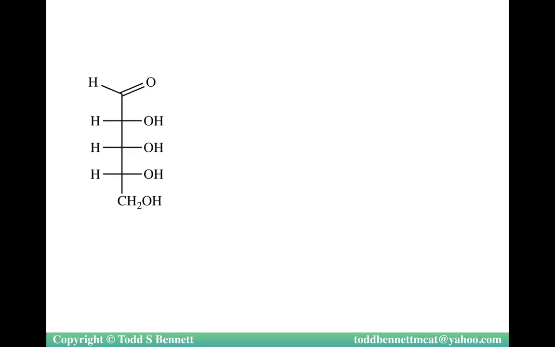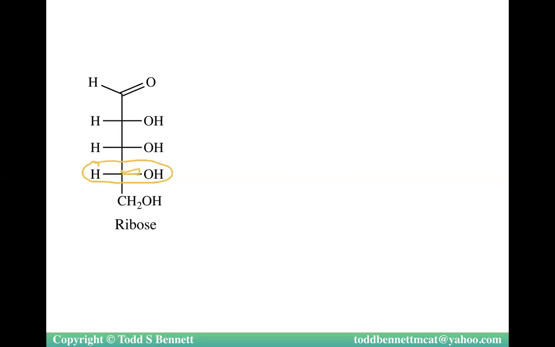Okay, so common applications. Because Fischer came up with it, the Fischer projections are really common for these. For designating D and L, you have 1, 2, 3 chiral centers. Fischer said, go for the penultimate carbon or the last chiral center. Let me figure out what the chirality is.